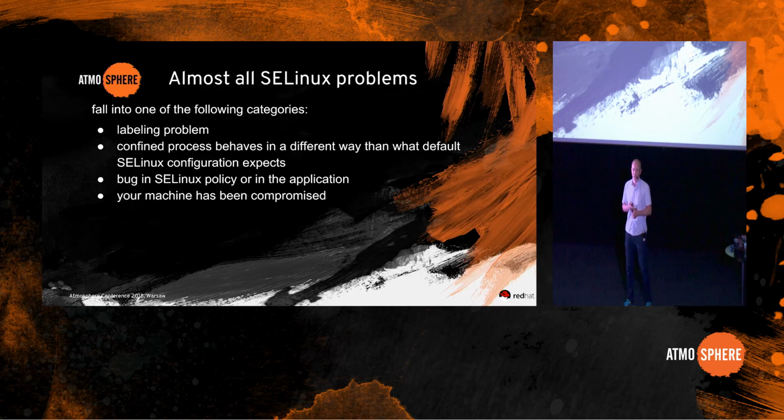First category is that there is a labeling problem. Second, the program behaves in a different way than what the SELINUX subsystem expects. Third kind is that there is a bug in a SELINUX policy or a bug in the program you are running. And fourth, of course, is that your computer may be compromised, and the program you are running is doing something other than what you expect.